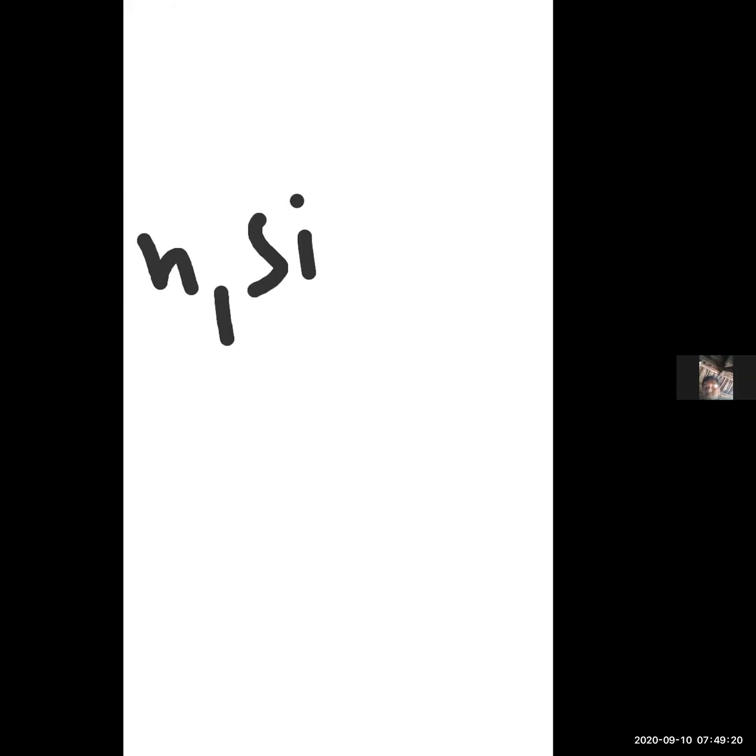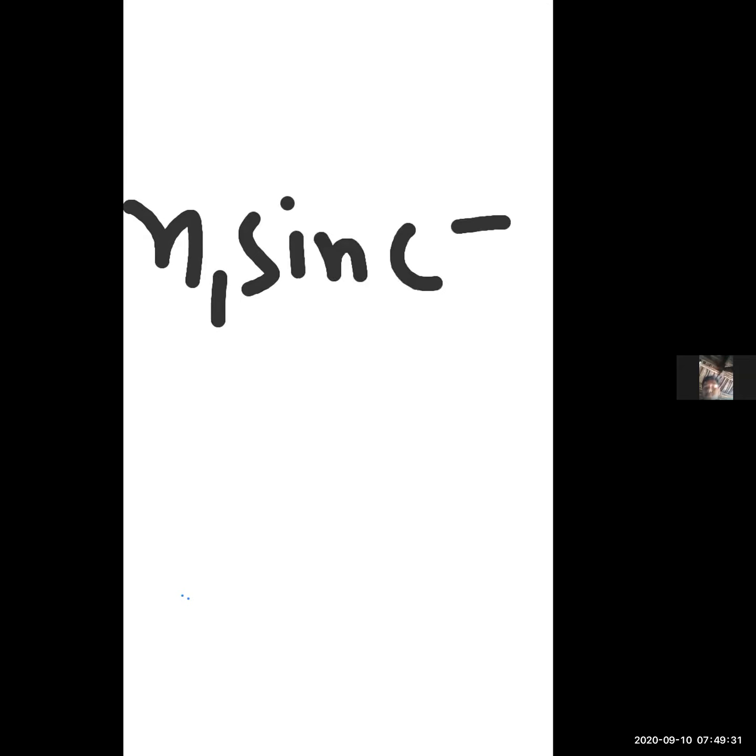N1 sin C is equal to N2. This is the next expression.